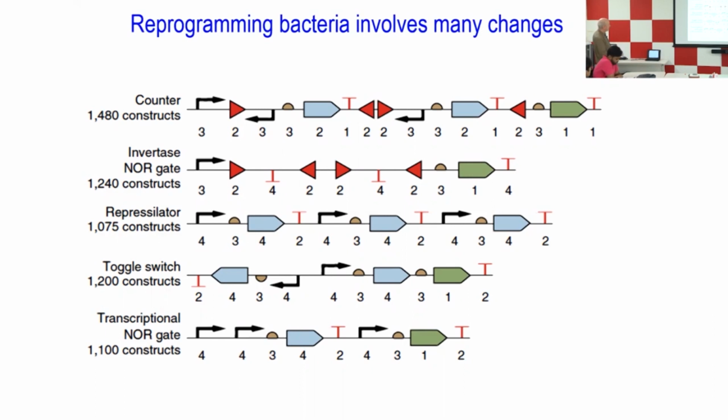We would have to make in the range of 1,200 constructs with NOR gates, a large number of repressilators, a large number of toggle switches, and a large number of NOR gates. Remember I told you that the NOR gates are the basic unit for making complex circuits, okay? So if you have to enter all these changes in one circular bacterium, forget it. It would be virtually impossible to go one by one and to implement this one by one.